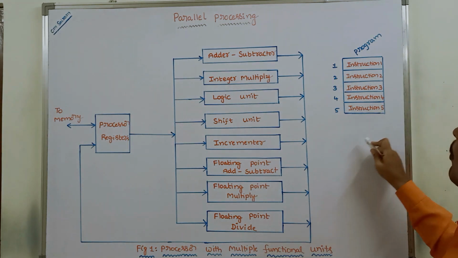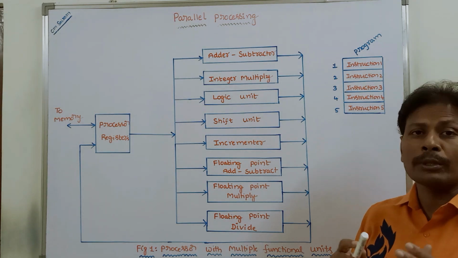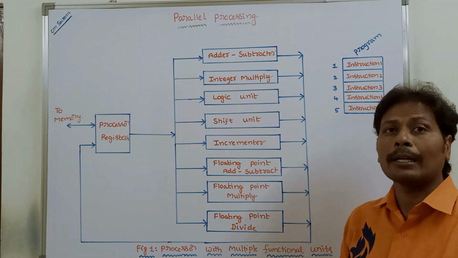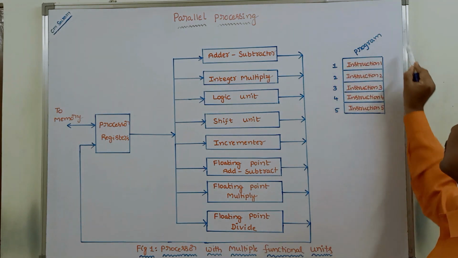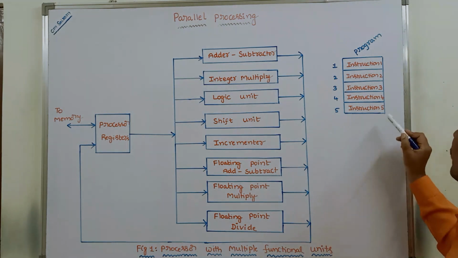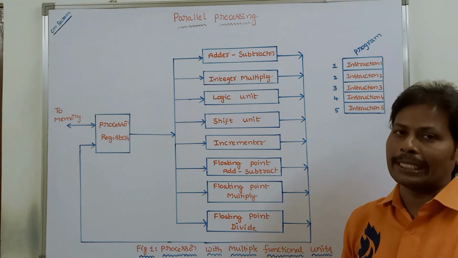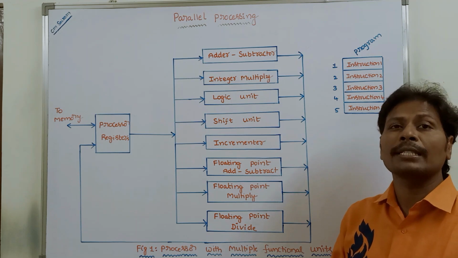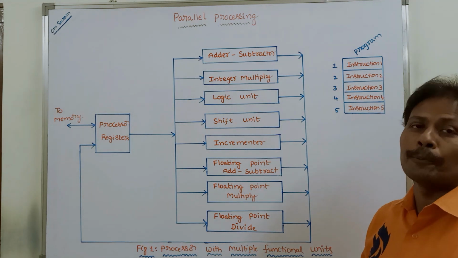Next, once the instructions of a program are executed in a sequential manner, one after the other, the execution time of the program also increases. Then the performance of the computer system also degrades. So these are the disadvantages of serial or sequential processing.